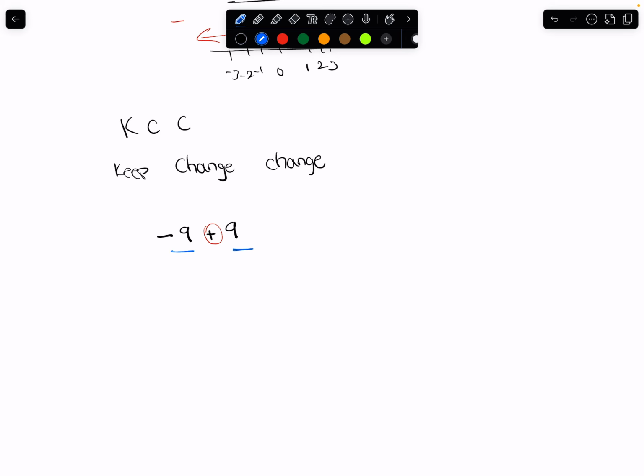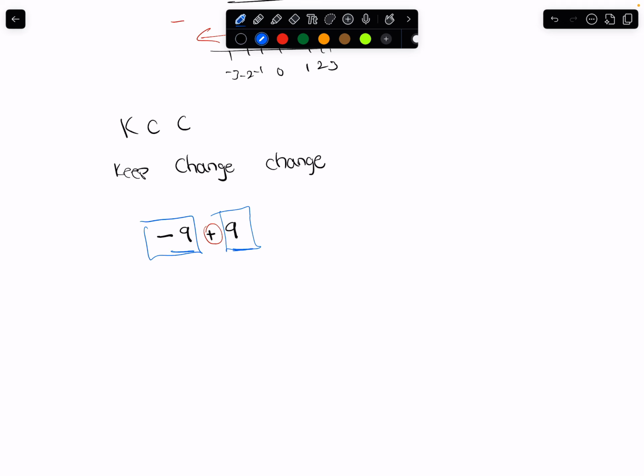In this example, first step we looked at is the sign. You see the sign is positive. So because the sign is positive, we do not need to engage the keep change change. However, when we're looking at the two numbers, we see that one of them is a -9 and one of them is just a regular 9, and a regular 9 is the same thing as a positive 9.